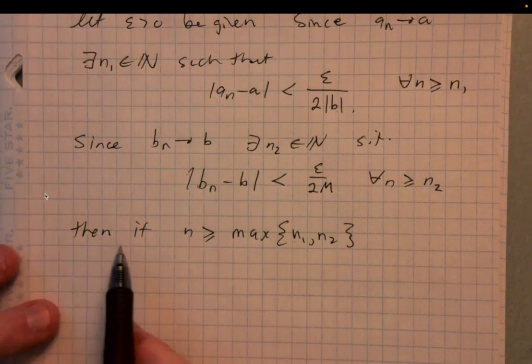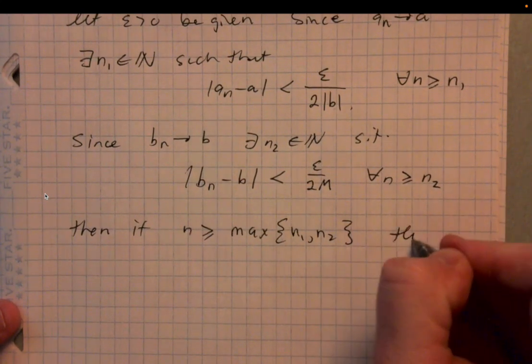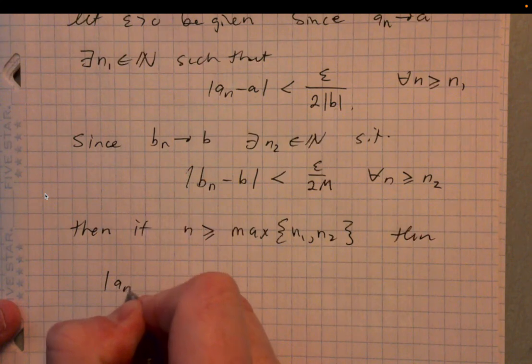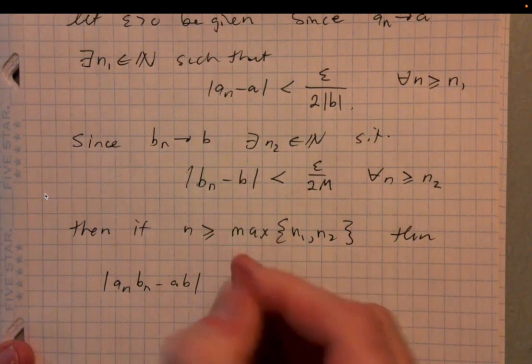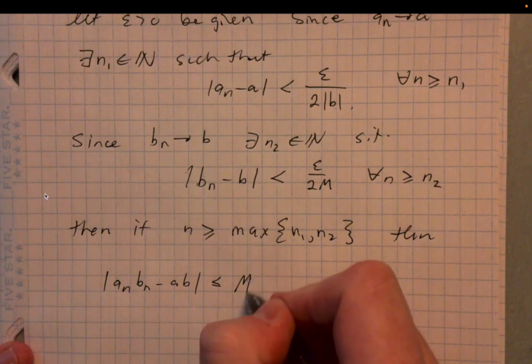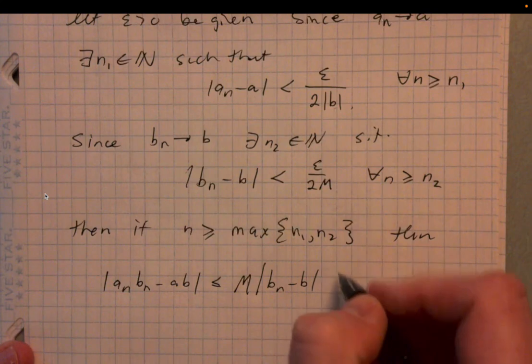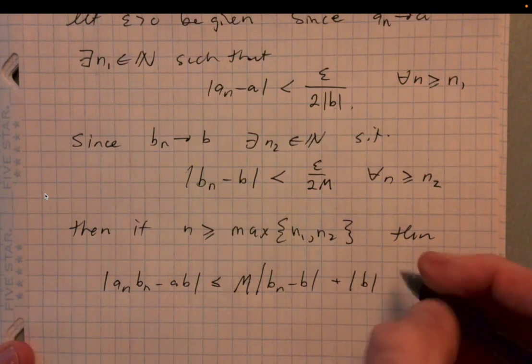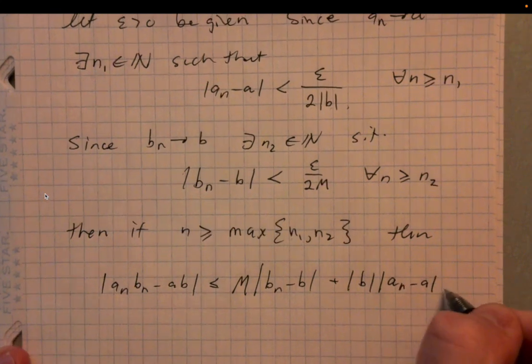Okay, so we're far enough out in the sequence that both of the criteria that we just stipulated above are met. So if n is greater than or equal to the maximum of these two numbers, then a sub n b sub n minus ab absolute value, we know that's less than or equal to this constant m times the absolute value of bn minus b plus the absolute value of b times the absolute value of an minus a.